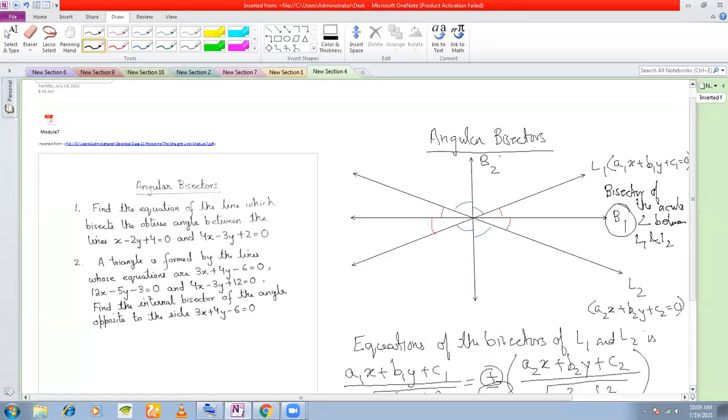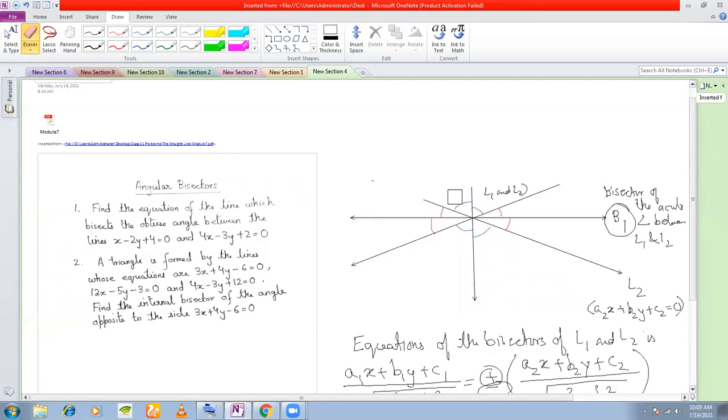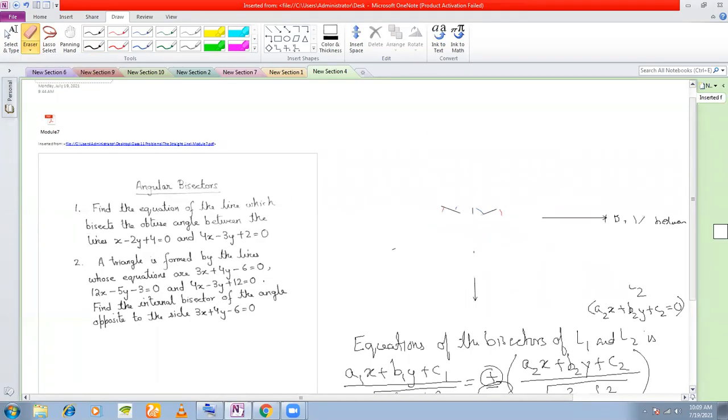So this bisector B2 will be the bisector of the obtuse angle between L1 and L2. Okay, remember this. So there are two bisectors. One will bisect the acute angle, the other will bisect the obtuse angle. So with this idea, let us proceed to the problem.